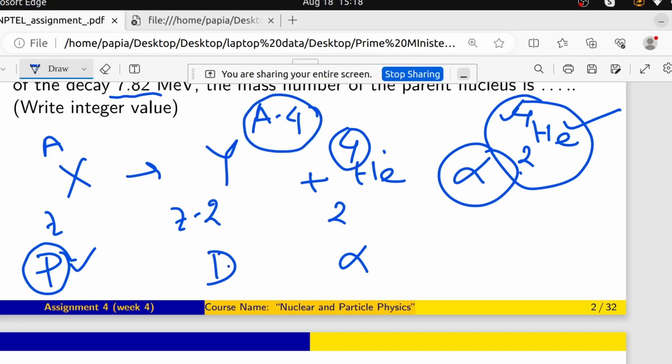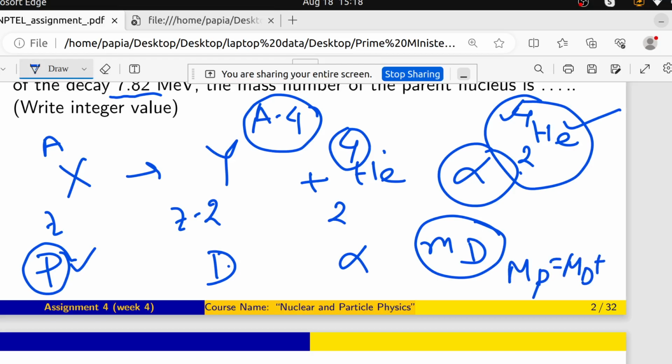So if we can somehow get the mass of the daughter particle, then we can get the mass of the parent particle from the relation md plus 4.